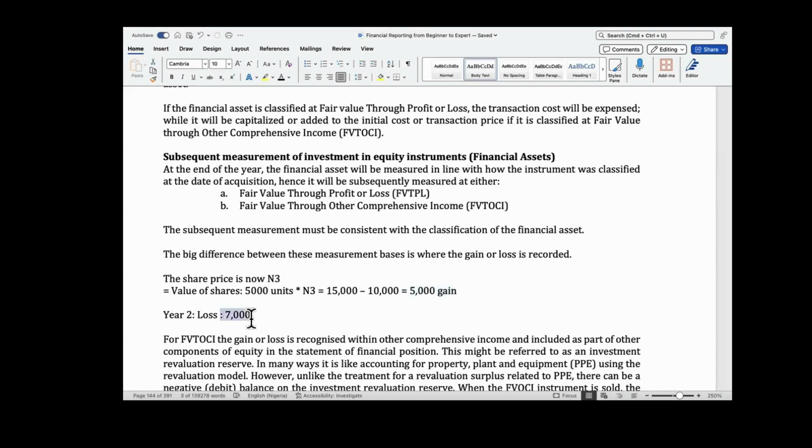How will you treat this loss if it is measured at fair value through OCI? It will nil off the loss for now. I will debit P&L and credit the value of the financial asset. With how much? I think that should be 7,000 or 2,000.